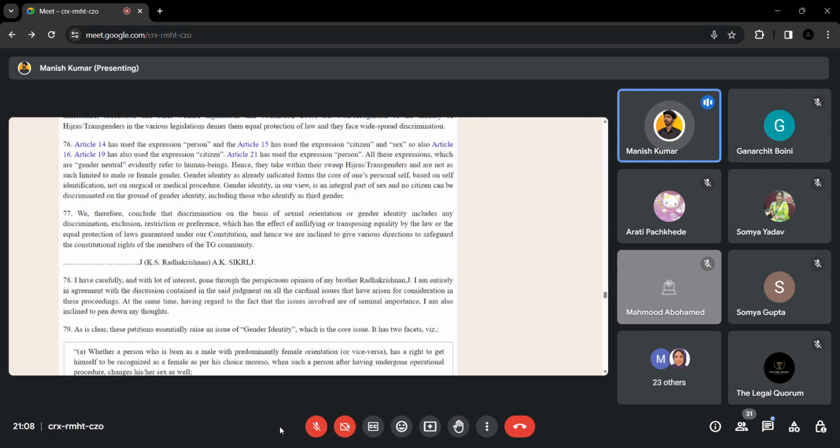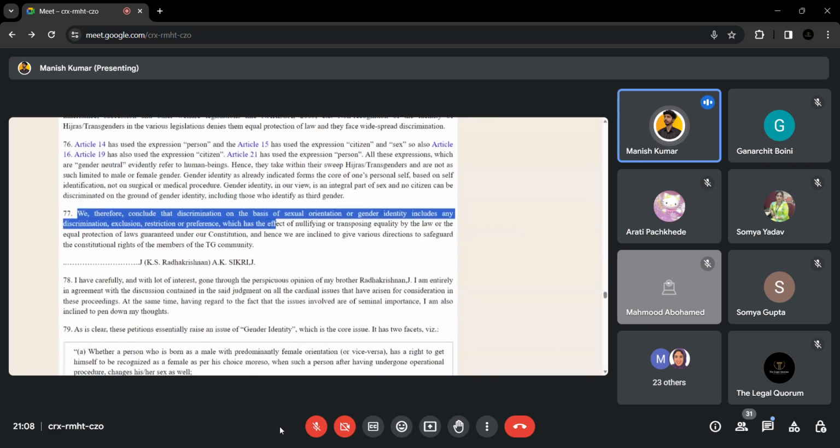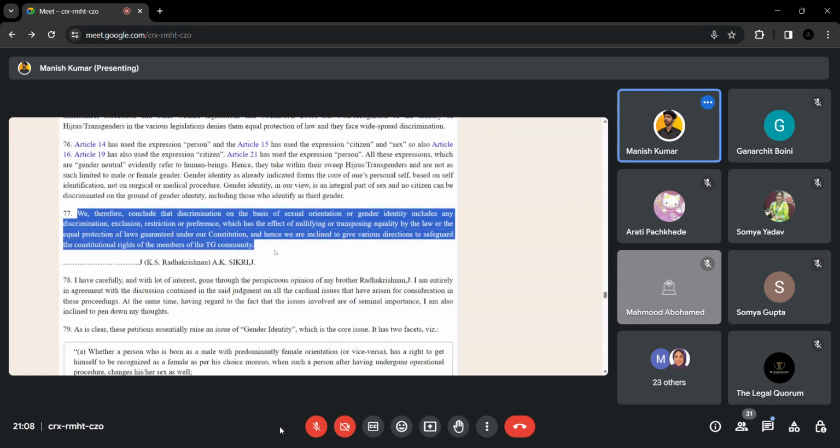See, it is the final holding. We therefore conclude that determination on the basis of sexual identity and discrimination. So here the court is holding in favor of NALSA or the transgender community.